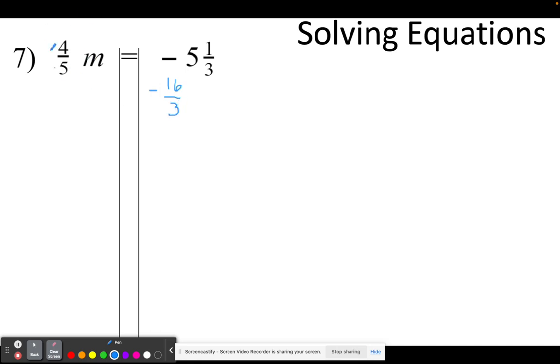Okay, I got to get rid of this 4/5, which means I would divide both sides by 4/5, which is the same as multiplying by the reciprocal, 5/4. If I do that to this side, I also need to multiply this side by 5/4.